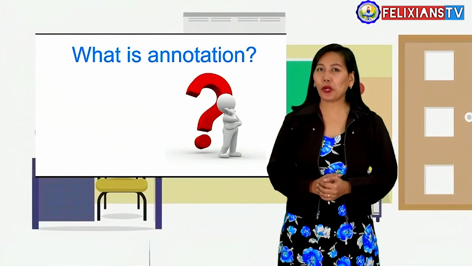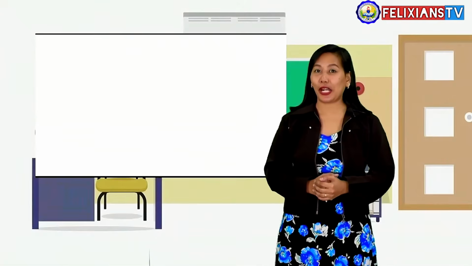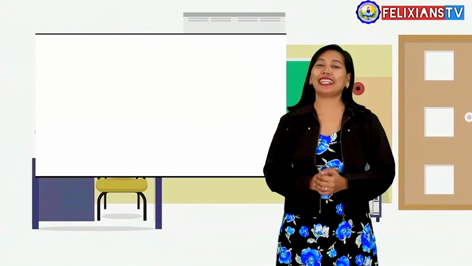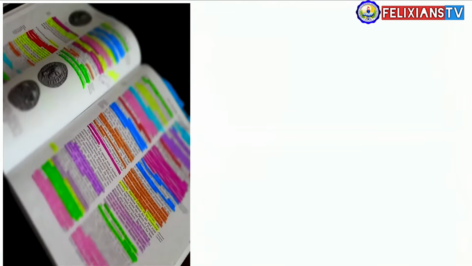I'm going to show you 3 pictures that will help you define annotation. Are you ready? Let's get started. First picture. What do you think is the meaning of annotation through the first picture? Yes, you are right. It is highlighting the text. So in highlighting the text, you may use a highlighter or any color of crayons.